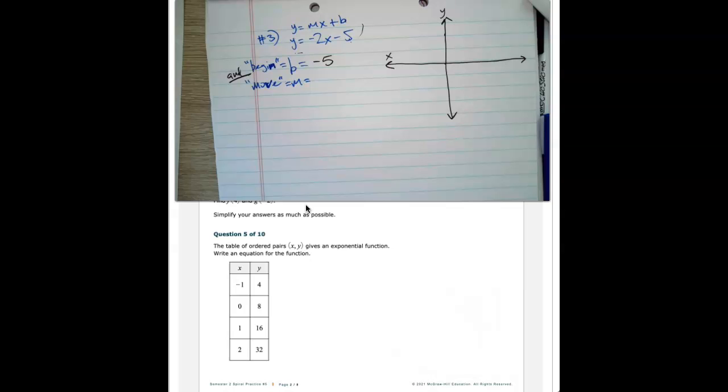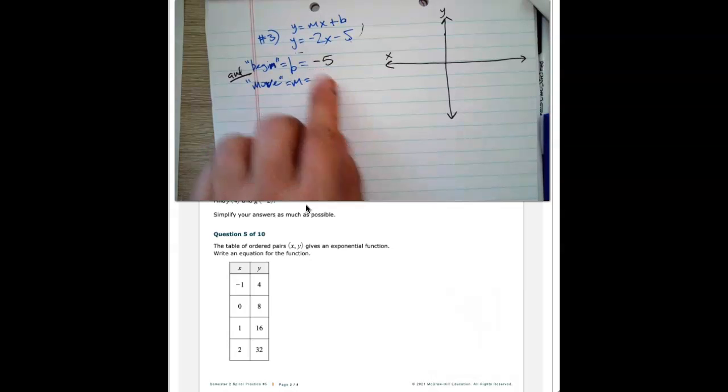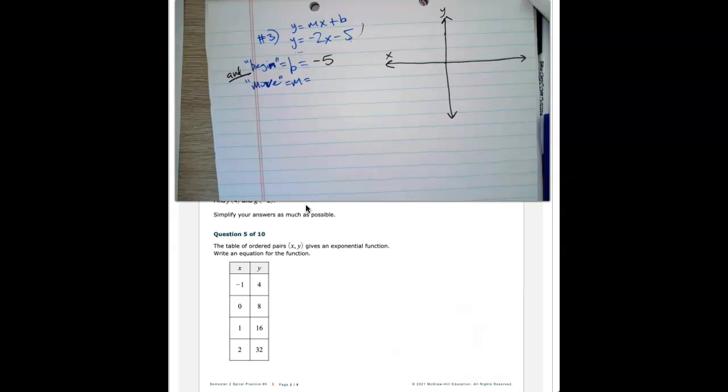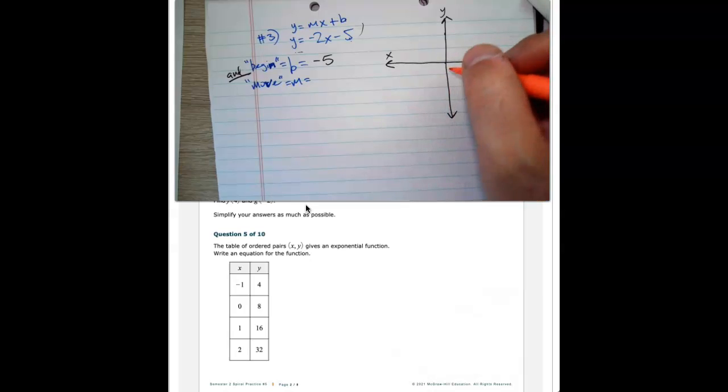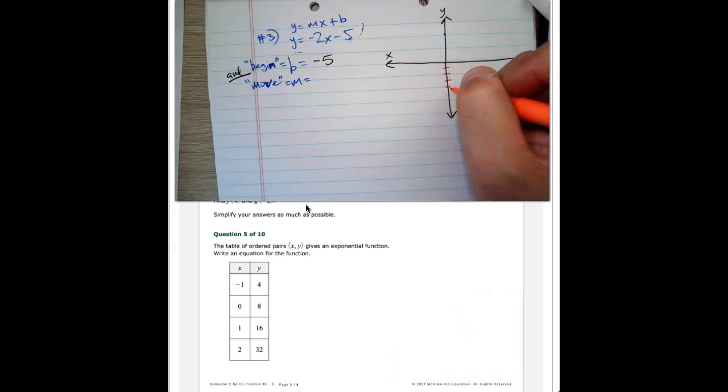Up or down? If it's a negative 5 here, do I go up or do I go down? Thanks for chiming in, Miss Julianne. Hopefully that's logical to you guys, that since it's negative 5, we're going to go down 5.